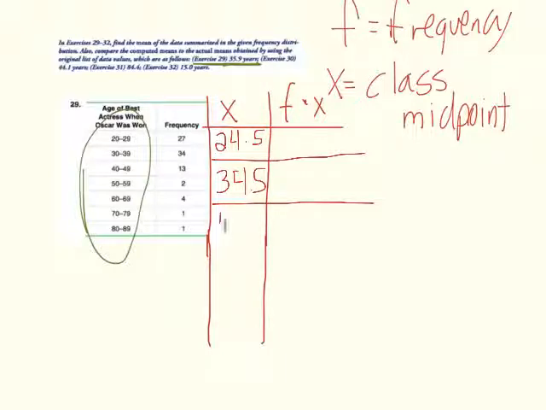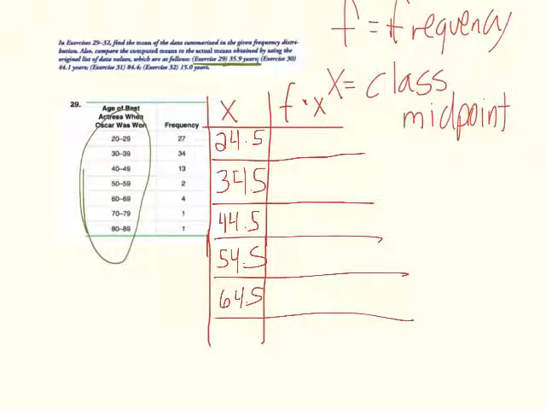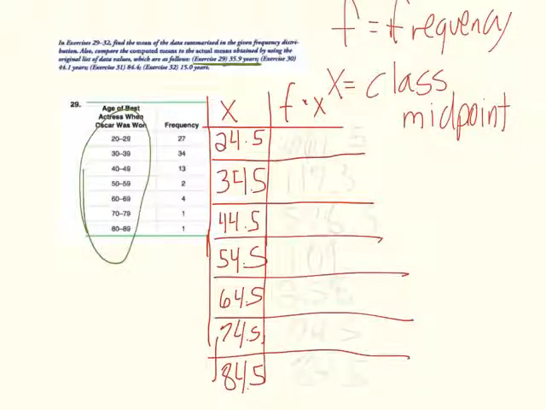You don't have to keep calculating it if you can figure out from the first one or two what the rest of them are going to be. That works out nicely when you've got a class width of 10 like we do here. 64.5, 74.5, I'm going to need one more. Down here, 84.5.